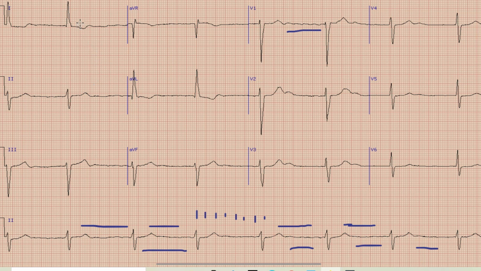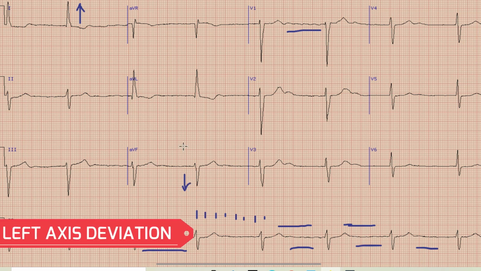Next, if we look at the axis, we can find that in lead 1, the direction of the QRS complex is upwards, while the QRS complex is negative in lead AVF. So, by rule of thumb, the axis in this case is left axis deviation.